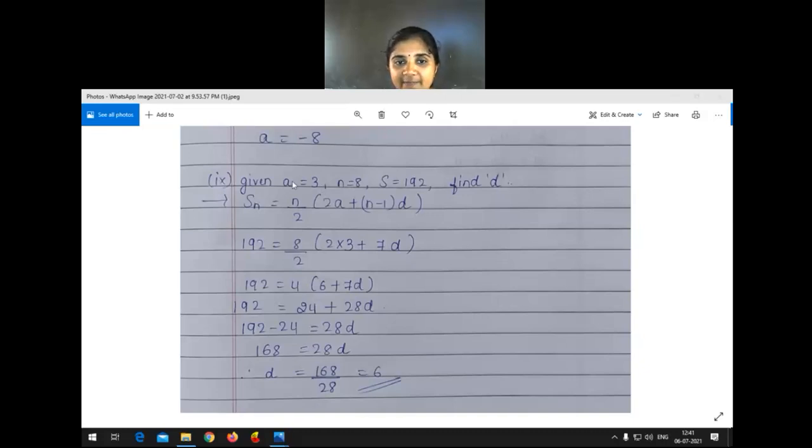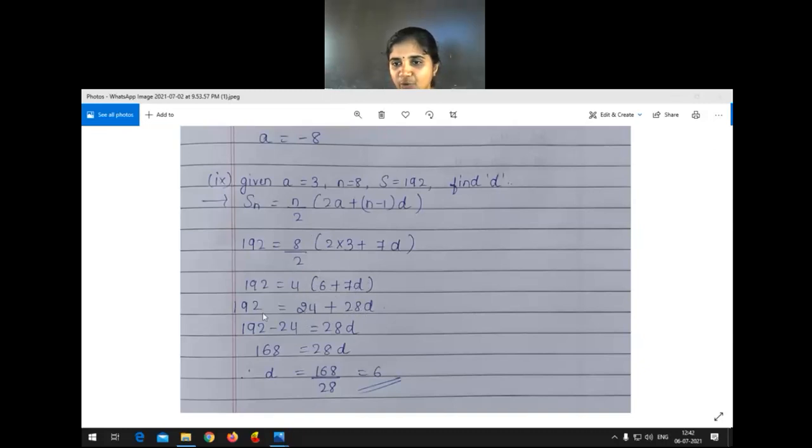See, a is given, n is given, Sn is given. Using this, we have to find out d. So, Sn is equal to n by 2 into 2a plus n minus 1 into d. Sn is 192, n is 8 by 2, 2 into a, then 8 minus 1 is 7. 2 threes are 6 plus 7d. 6 fours are 24, 4 into 7d is 28d.